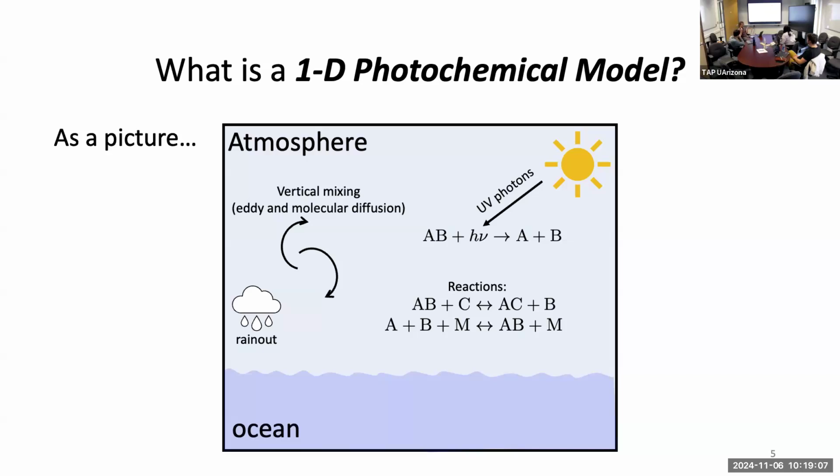Earth is cool, and so a lot of the chemistry that happens is driven by UV photons. In the case of a gas-rich planet, a lot of the chemistry is driven by the gas quenching at depth. That's really determining the whole composition of the atmosphere.